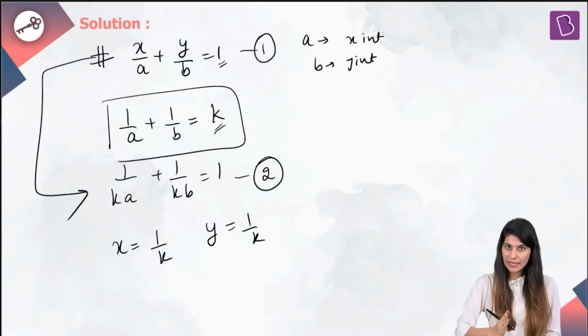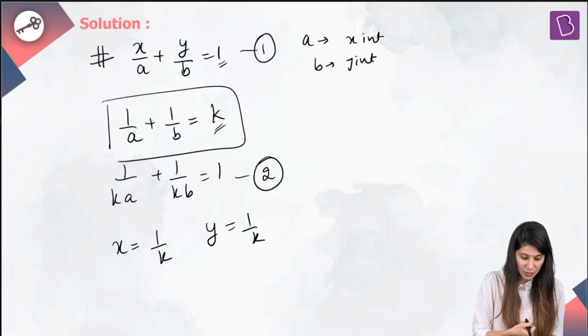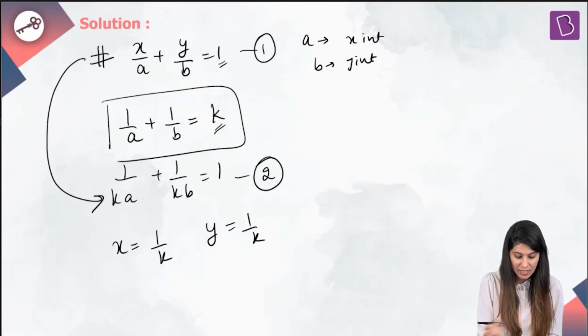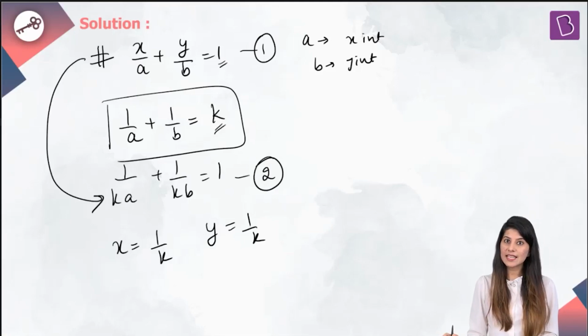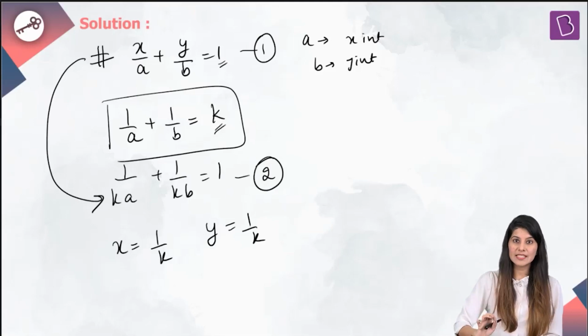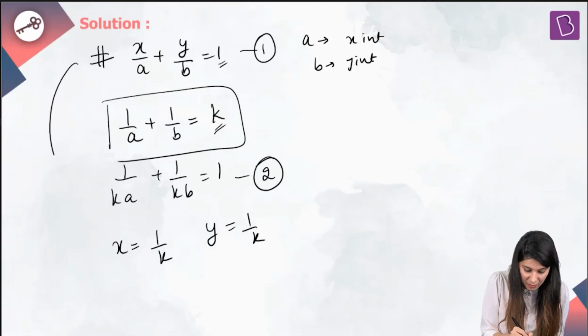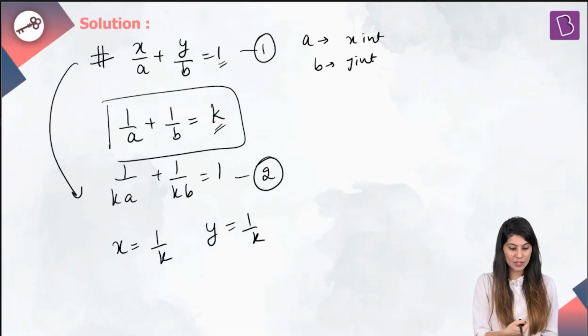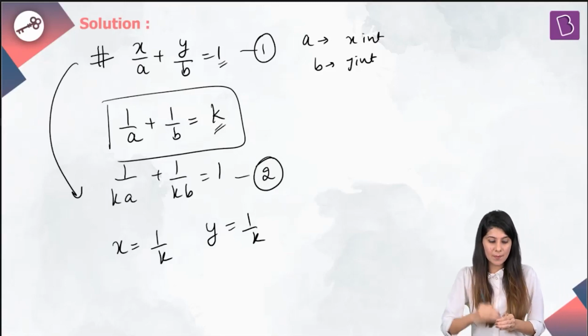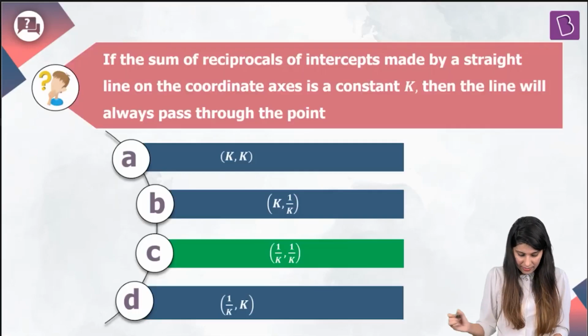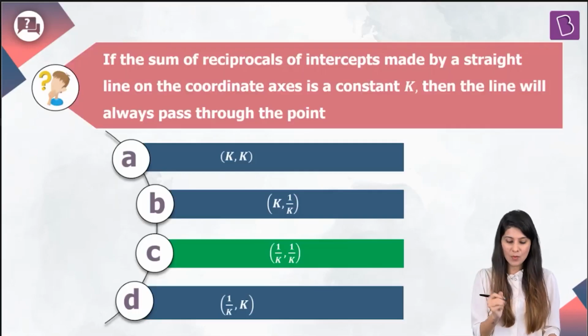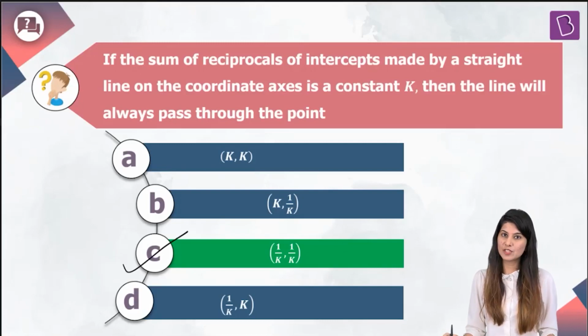Same. 1 by k comma 1 by k. If I try to satisfy this particular equation, I am going to get this. Yes, automatically. That means somewhere someone is sitting and trying to satisfy 1 by k comma 1 by k in this particular equation to get 1 by ka plus 1 by kb is equal to 1. That simply means that 1 by k comma 1 by k is the point which is passing through this particular line.